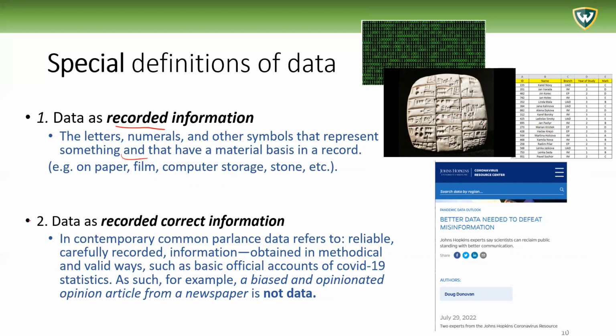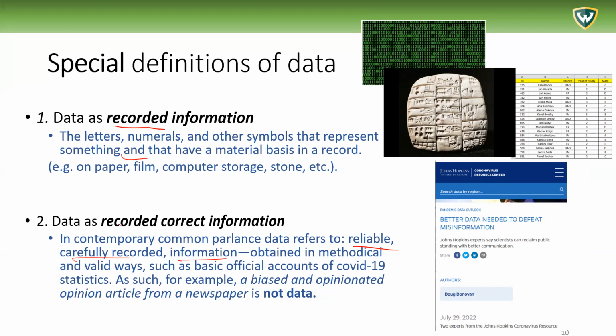Now, there's a separate special definition of data, which is data as recorded correct information. That is, data refers to reliable, carefully recorded information obtained in methodical and valid ways, such as basic official accounts of COVID-19 statistics.